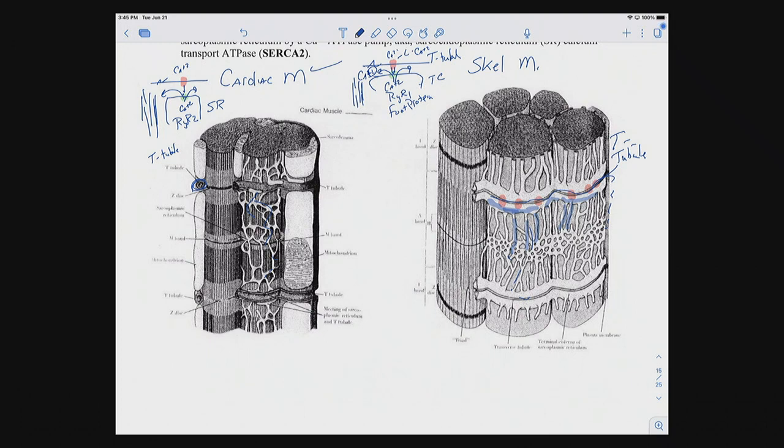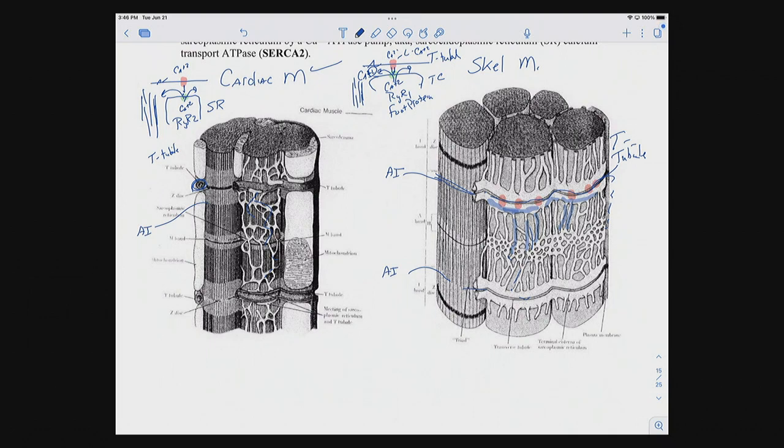So you'll recall on the T-tubule that you have, it's going to be in line with the AI boundary. Okay, so there's the AI interface right there, and it is perfectly lined up with the T-tubule. Here's another AI band, and again, T-tubule. Well, if you look over here in the cardiac, the AI is actually right there.